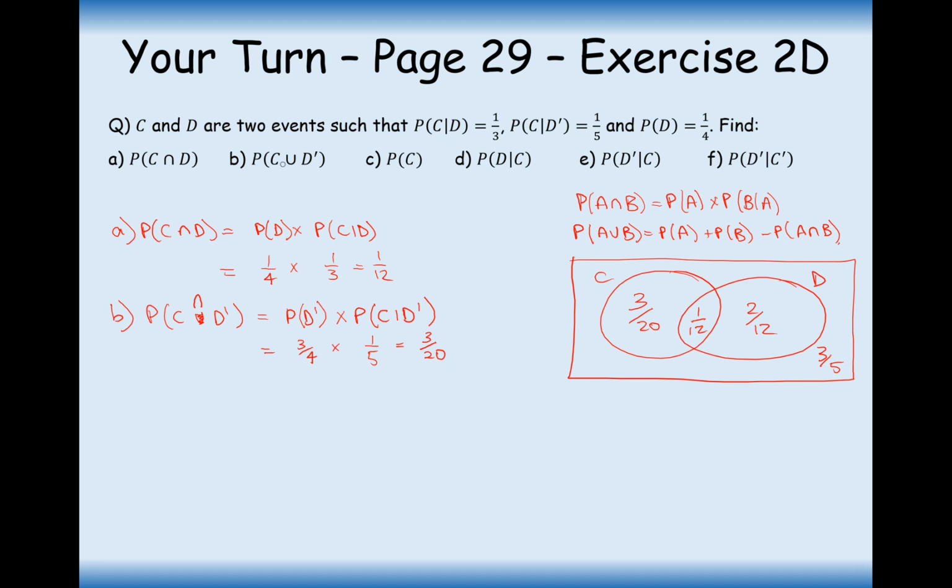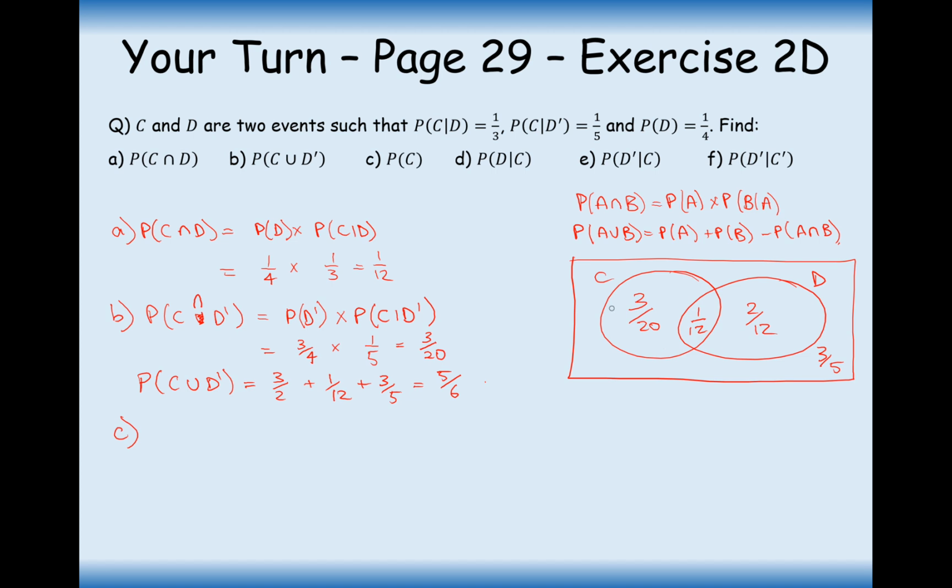The probability of C or not D, so that's going to be 3/20, 1/12, and not D includes this 3/5 out here, so the probability of C or not D is equal to 3/20 plus 1/12 plus 3/5, so that's going to be 10/12, 5/6. Lovely, there we are.